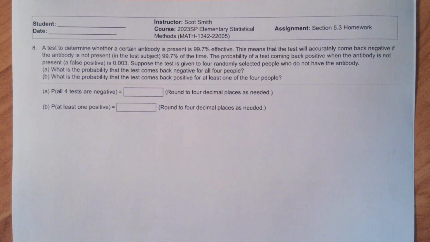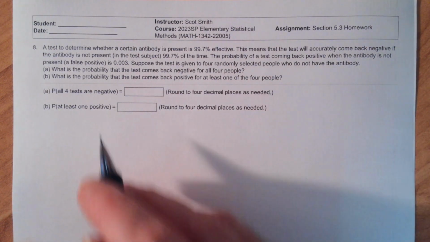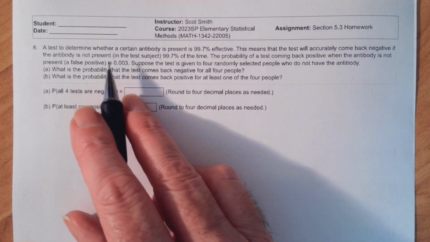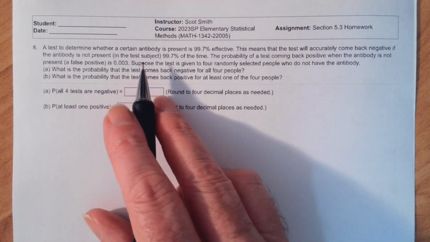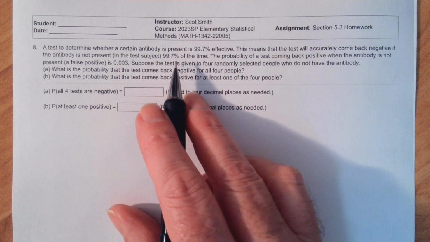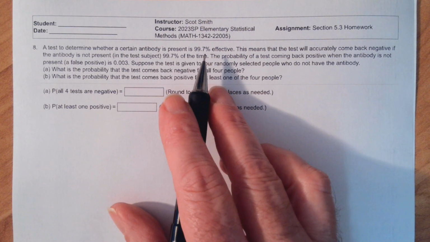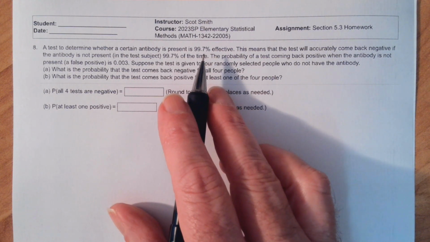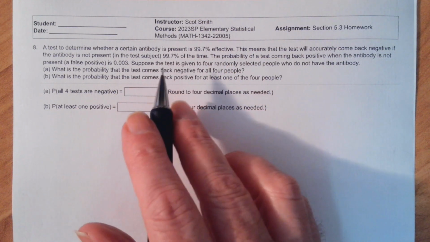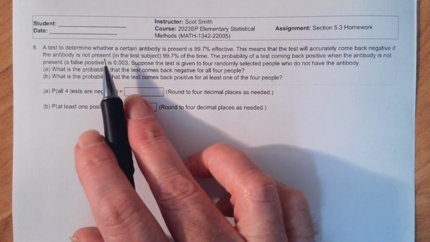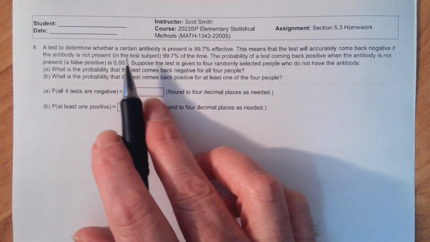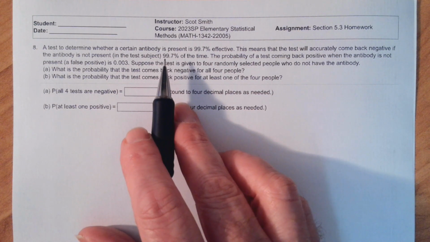All right, let's look at how to solve this problem. It's one of the homework problems in 5.3. It says a test to determine whether a certain antibody is present is 99.7% effective. This means that the test will accurately come back negative if the antibody is not present, 99.7% of the time.